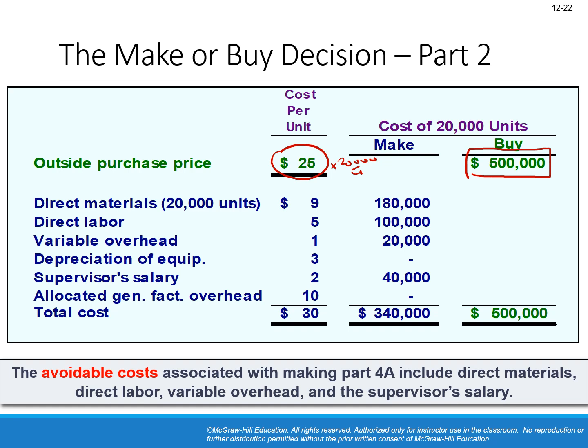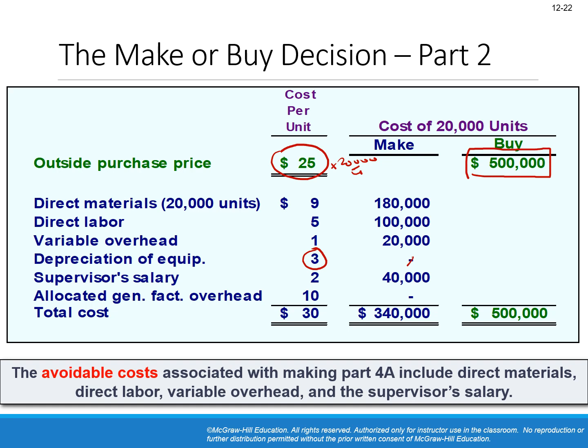However, if you make it, how much will you save? So you will be saving the direct material cost, which is 9 multiplied by 20,000, the direct labor cost as well, and the variable overhead, which is 1. Depreciation of the equipment, those $3 will remain there because there is no resale value for the equipment.